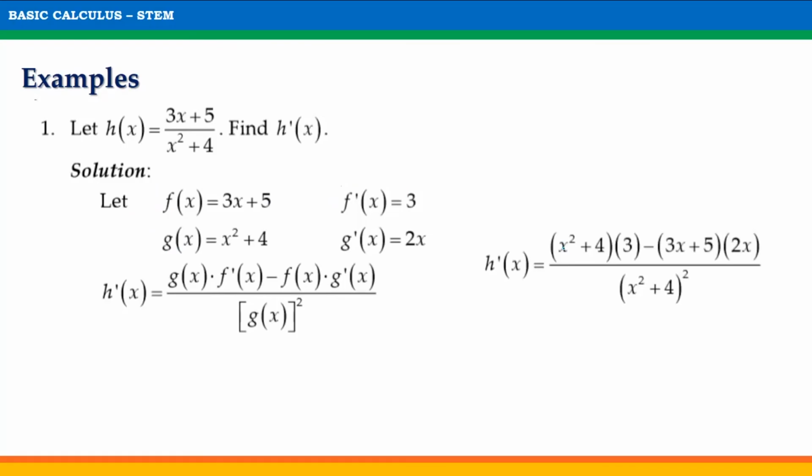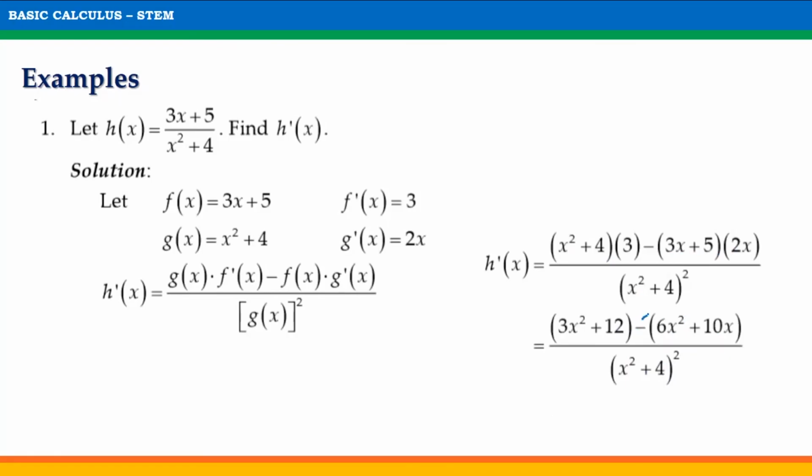We will get (x^2 + 4)(3) - (3x + 5)(2x) over (x^2 + 4) quantity squared. Multiplying x^2 + 4 and 3, and 3x + 5 and 2x, we will get 3x^2 + 12 - (6x^2 + 10x) over (x^2 + 4) quantity squared.